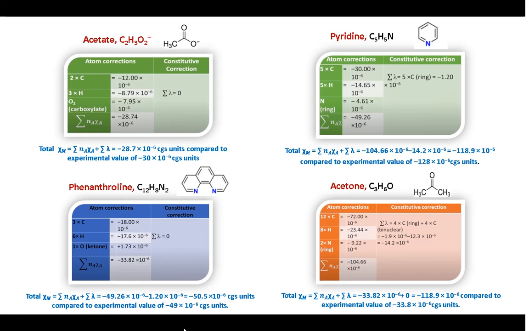For 2 oxygen, in carboxylate, it is equal to minus 7.95 into 10 raised to power minus 6. Constitutive correction, summation lambda, is equal to 0. So, the atomic correction summation Na chi_A is equal to minus 28.74 into 10 raised to power minus 6 CGS unit, compared to the experimental value of minus 30 into 10 raised to power minus 6 CGS unit.